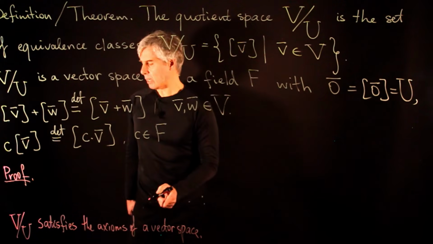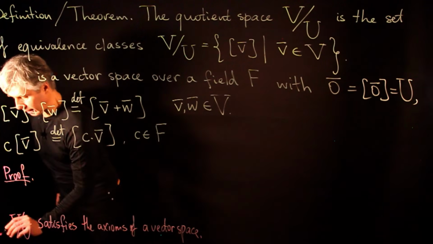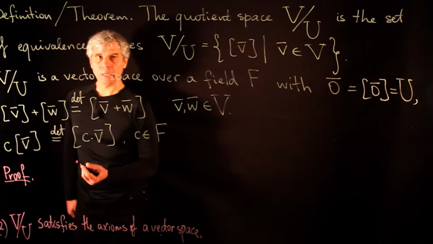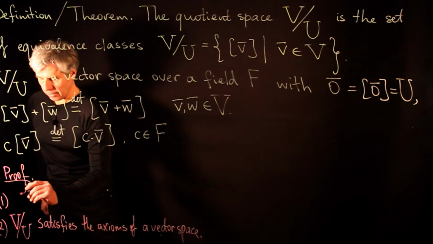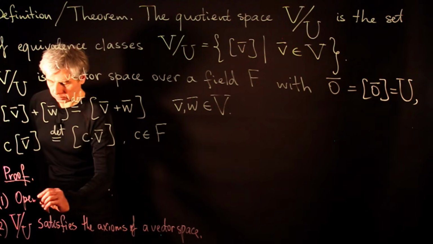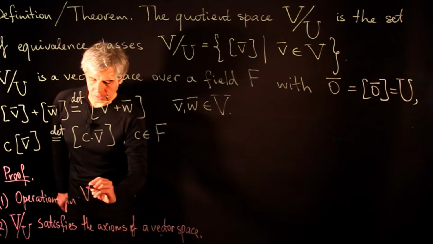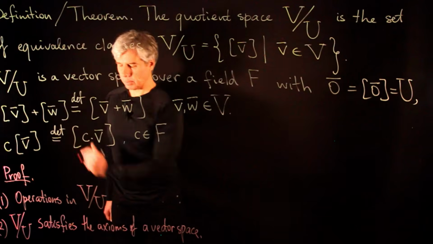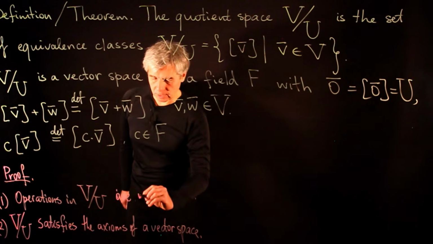Well, it turns out that this task is secondary and it's quite easy. But the primary and more substantial task is to show that operations in this set, right? So we define these operations of addition and multiplication by scalars. We need to show that these operations are well defined.